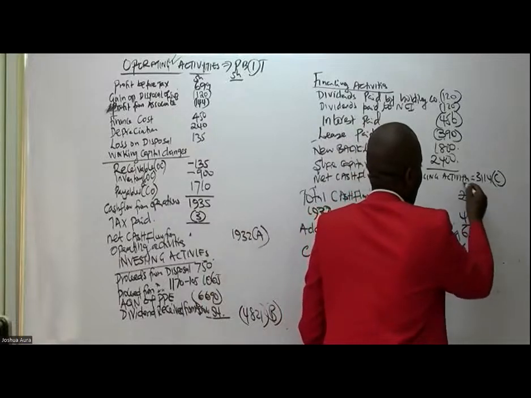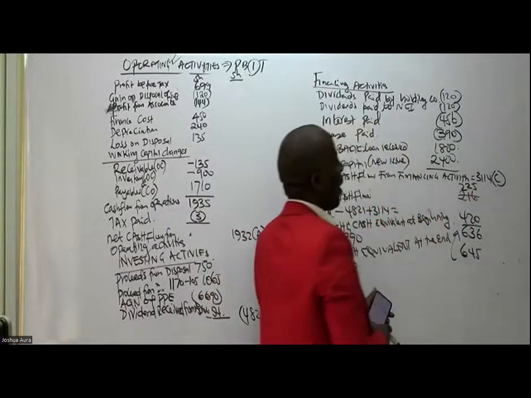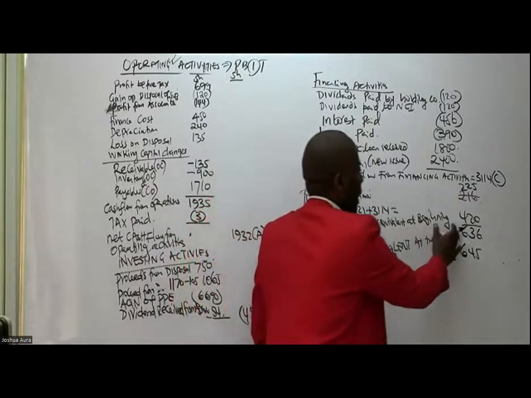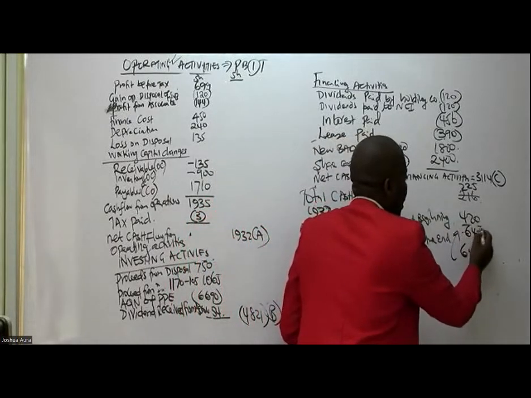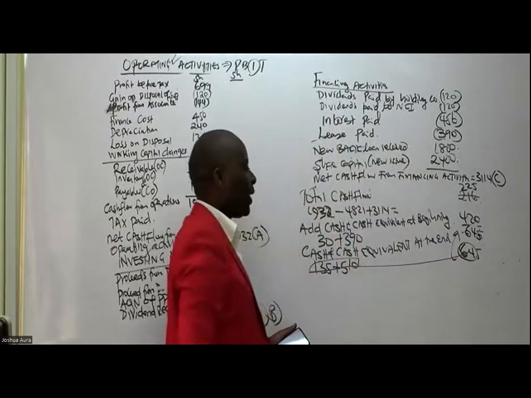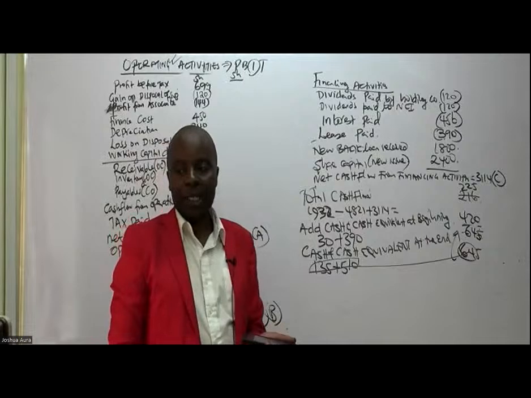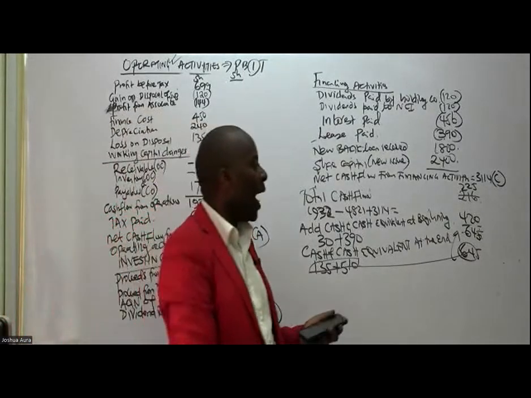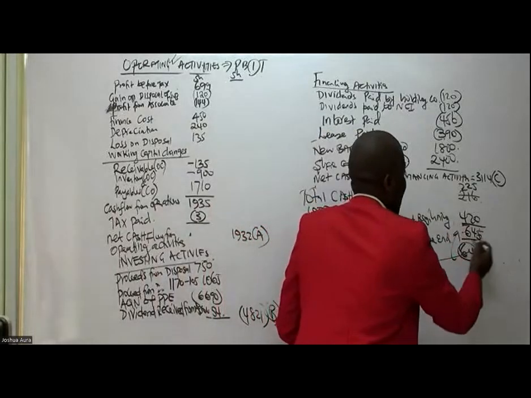So this is supposed to be 225. So 225 plus 420 gives me 645, which tallies with the cash and cash equivalents at the end. So we have been able to hack this. We are very correct, 100%.